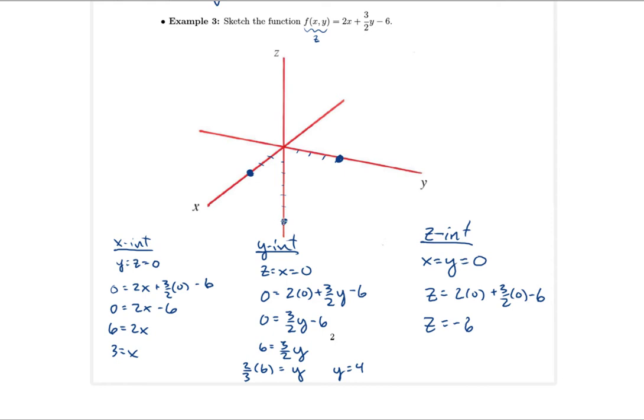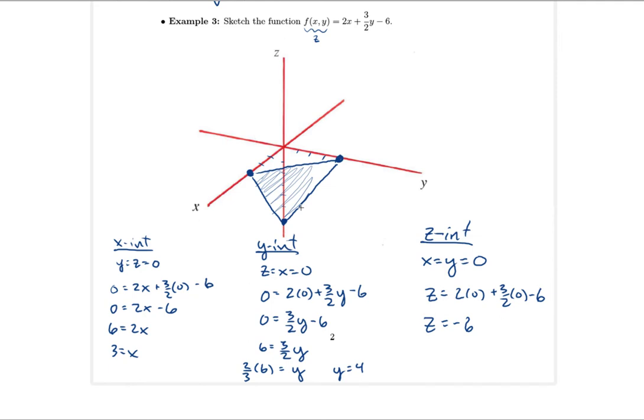And so what's really nice to do here is just to form a triangle with all of these, with the understanding that our plane goes on forever in all directions, but I can get a good sense of what this plane actually looks like by connecting up those intercepts.